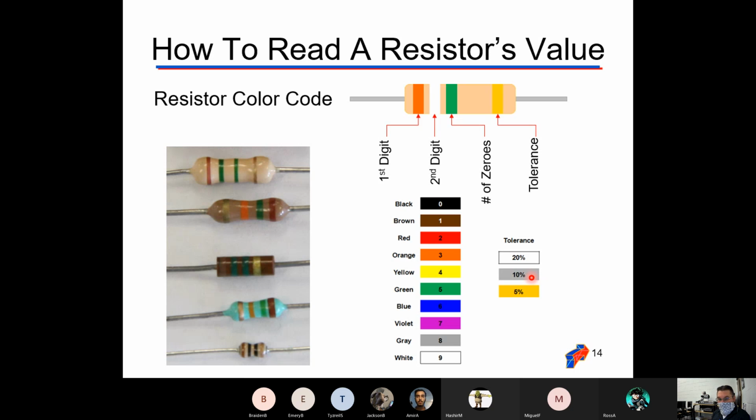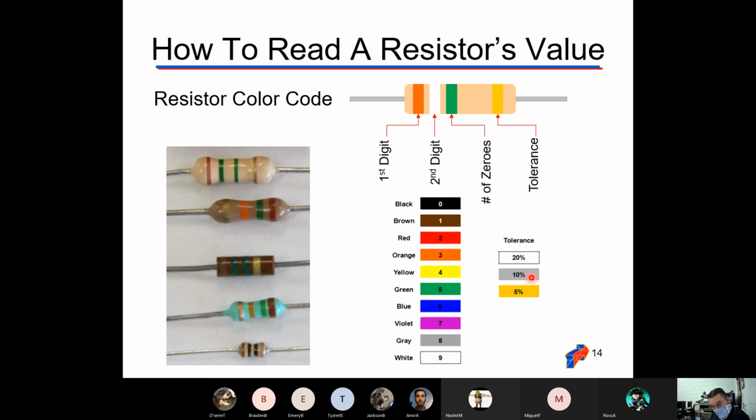Red, black, brown would be red, that'd be 2, 0, 0. 200. You just have to have really good eyes, and you can't assume that that is a number.